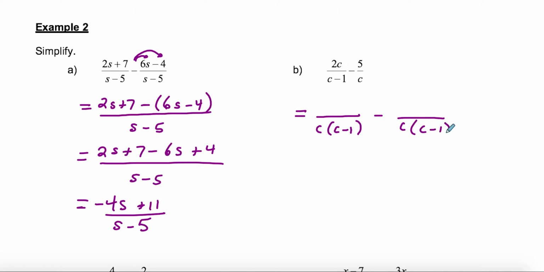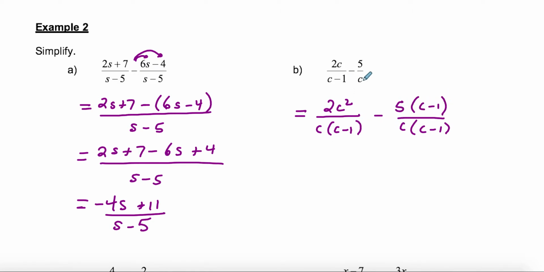So if I'm really stuck and I'm not sure what to do, I multiply them together to get a common denominator. That means this side I had to multiply by c, so I'd get 2c squared. And this side I had to multiply by c minus 1, so I'd get 5 times c minus 1.